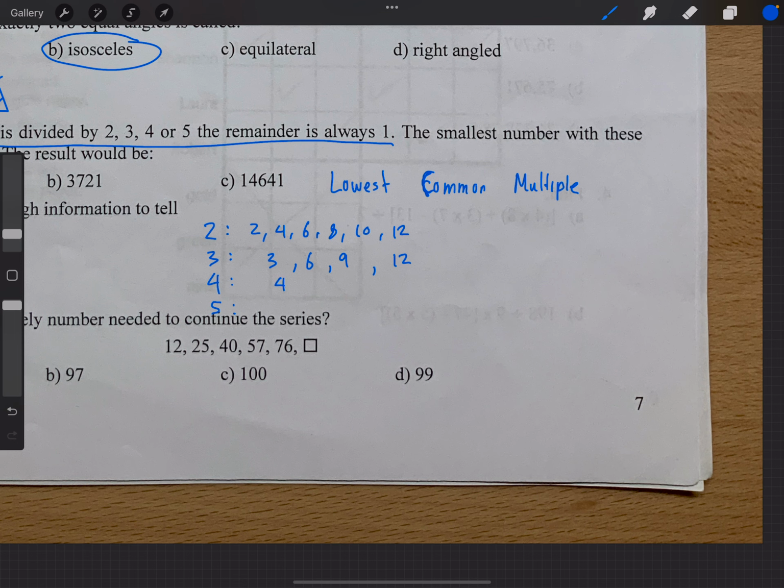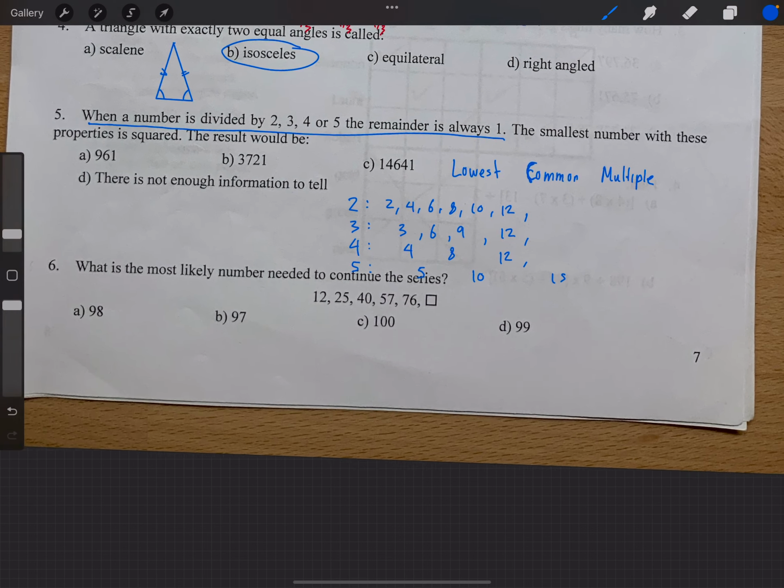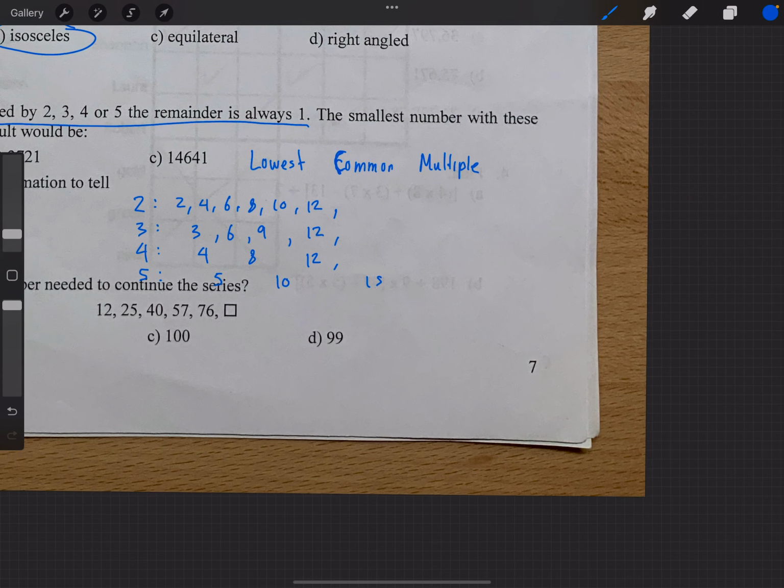Multiples of 4 will be 4, 8, 12, and so on. 5 would be 5, 10, 15, and so on. Okay. So we have to find the number that is common between all these and the lowest one. If you do it this way, it will take you quite a long time. So we'd rather not waste our time. What we're going to do is have a look.